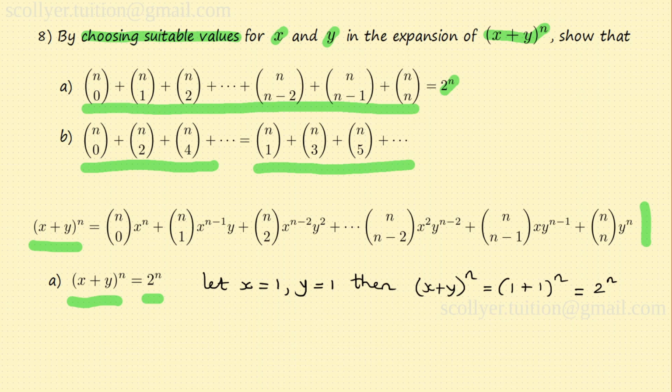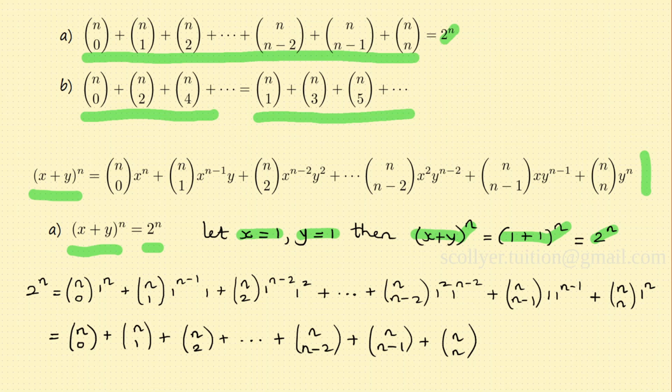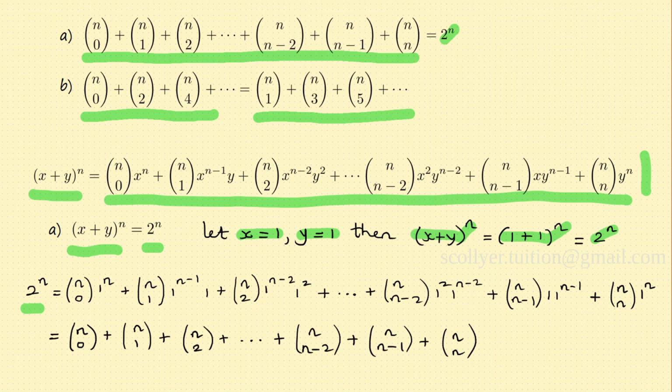But we can do that very easily, since if we let x equal 1, y equal 1, then x plus y to the n equals 1 plus 1 to the n, which equals 2 to the n. And then substituting those values in this right-hand side expression, we obtain 2 to the n equals this expression with the x's and y's all replaced by 1 wherever they occur, and we get terms of the form, say, n choose 2, 1 to the n minus 2 times 1 squared.